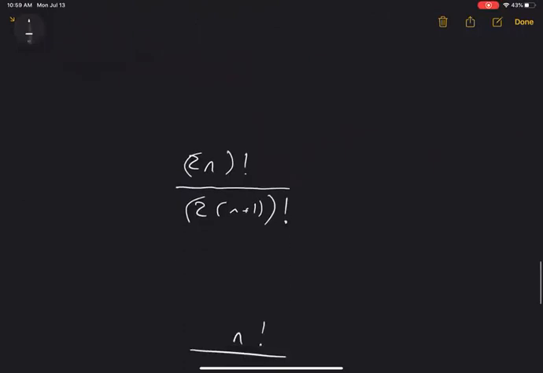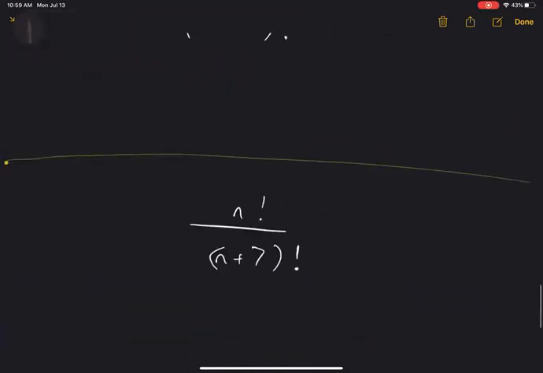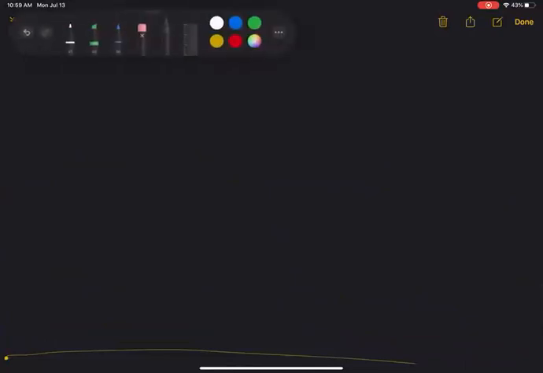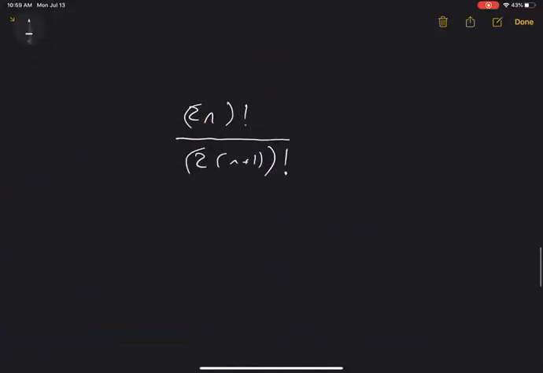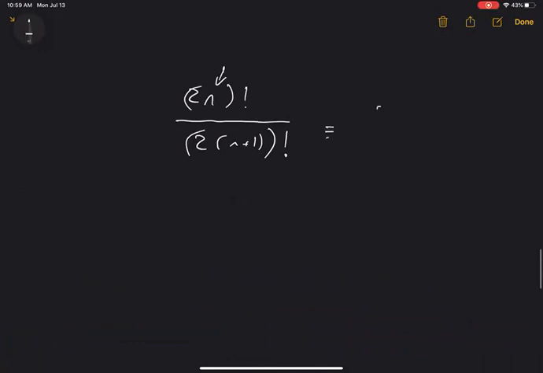Let's see another example. How about 2n factorial over 2 times n plus 1 factorial? Something to be careful with is where the factorial is in relation to parentheses. What I'm taking the factorial of in the numerator is the 2n, so the numerator is 2n times 2n minus 1, and so on, all the way down to 1.